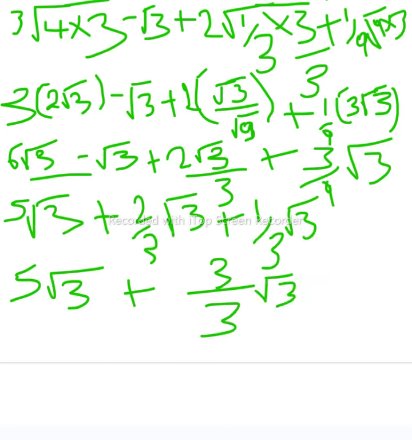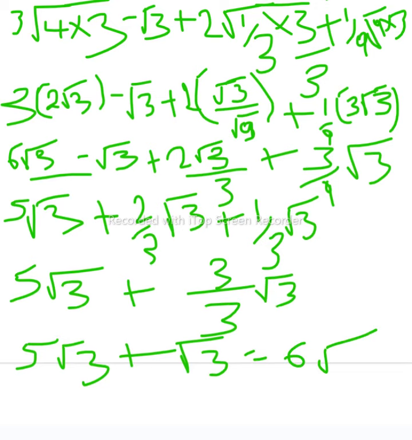Here we have 3 over 3, which means 1, so 5 square root of 3 plus square root of 3. When we add this, 5 plus 1 is equal to 6 square root of 3. This is the final simplification for question letter B.